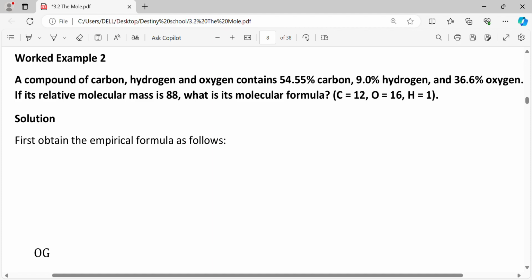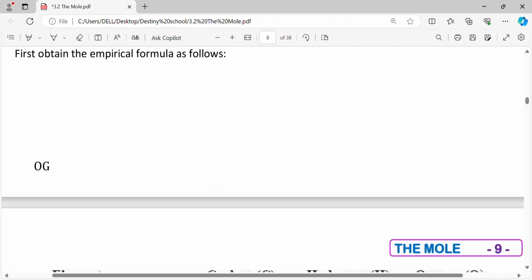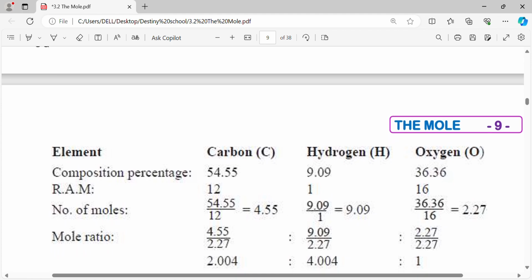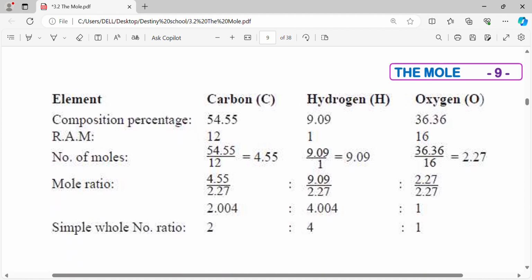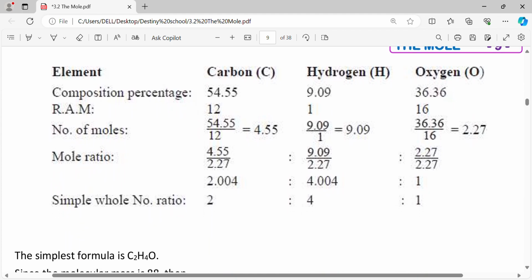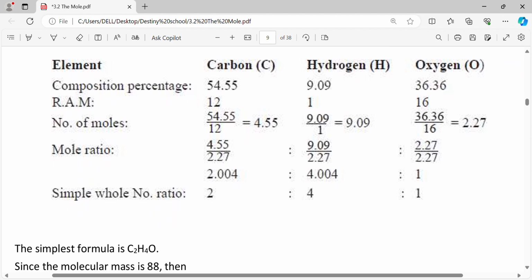A compound of carbon, hydrogen and oxygen contains 54.55% carbon, 9.09% hydrogen, and 36.36% oxygen. If its relative molecular mass is 88, what is its molecular formula?